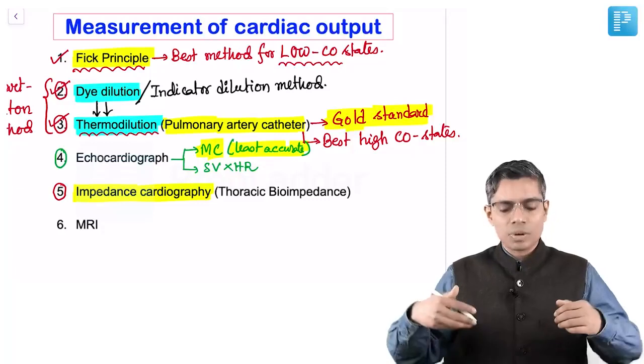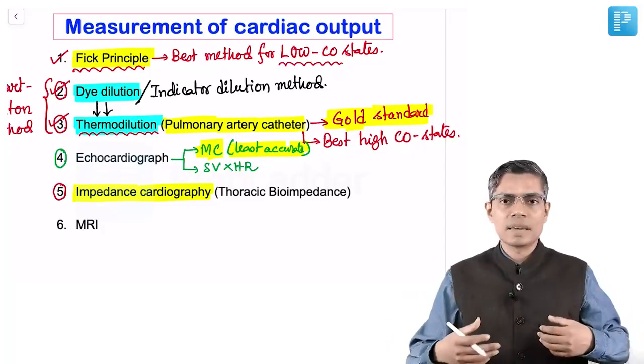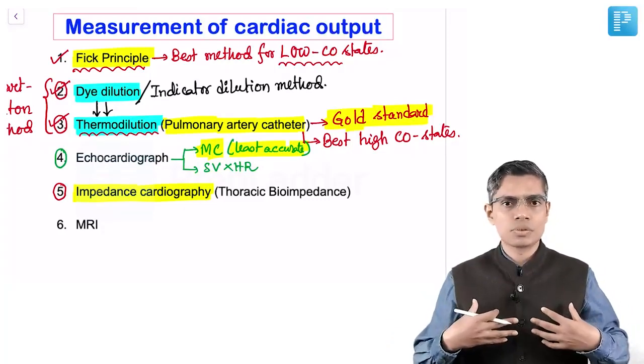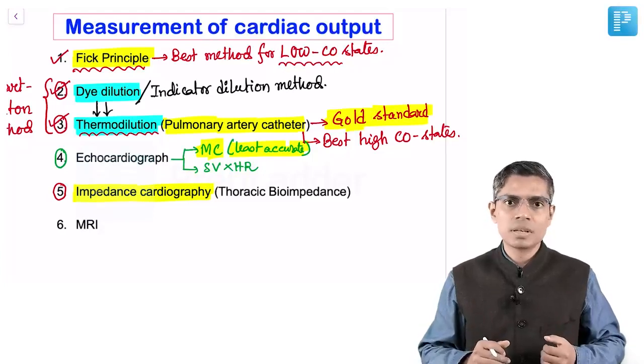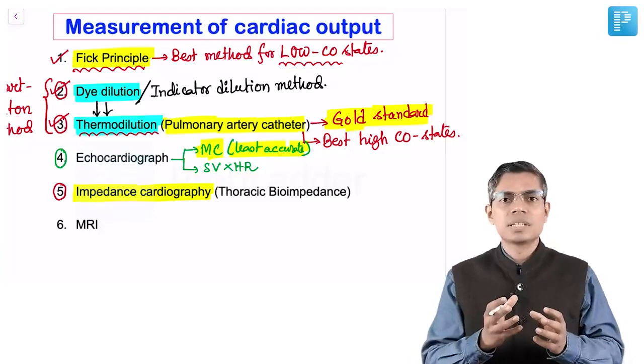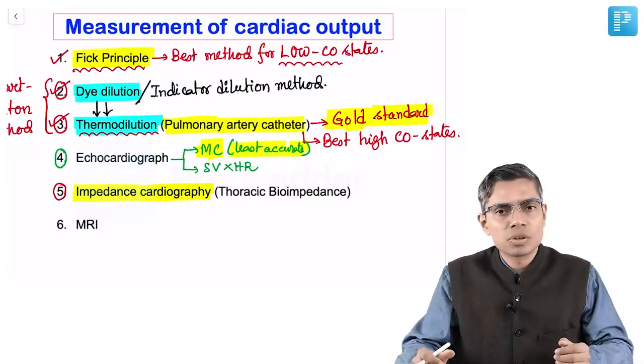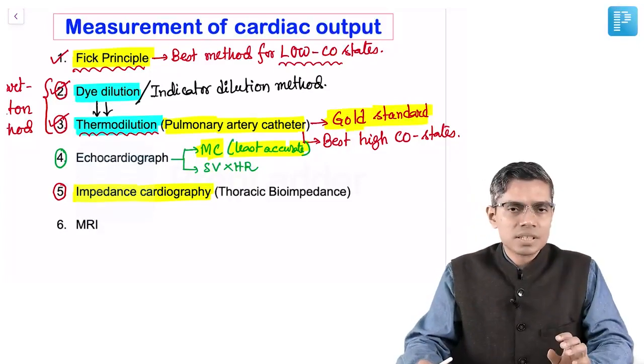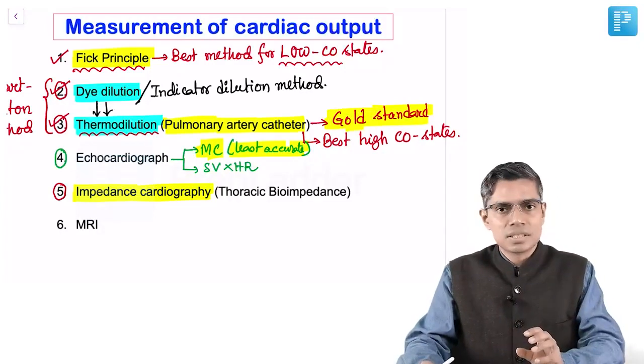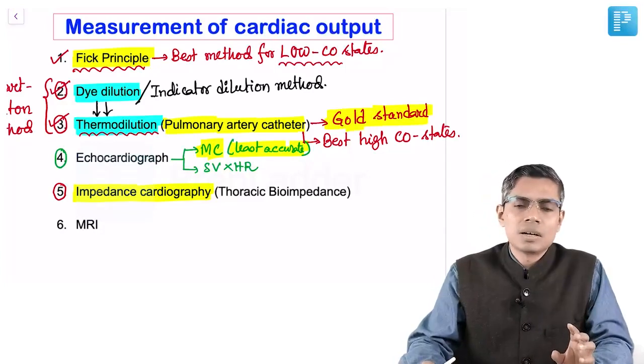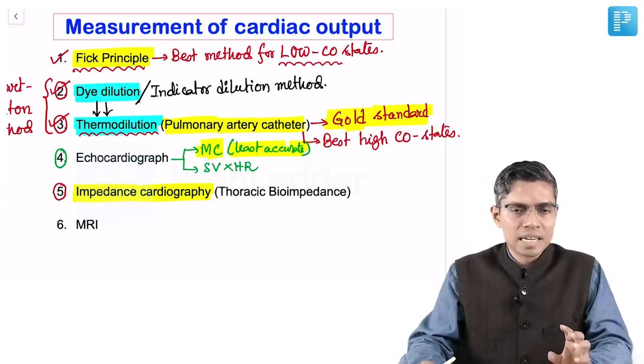Getting my point? So whenever a current is flowing through the thoracic cavity, every organ inside the thoracic cavity will produce some resistance. Not only that, the blood which is present in the heart, the blood which is flowing through the arch of aorta, will also give some resistance, and by calculating this resistance, we calculate the cardiac output of this person. Getting my point?